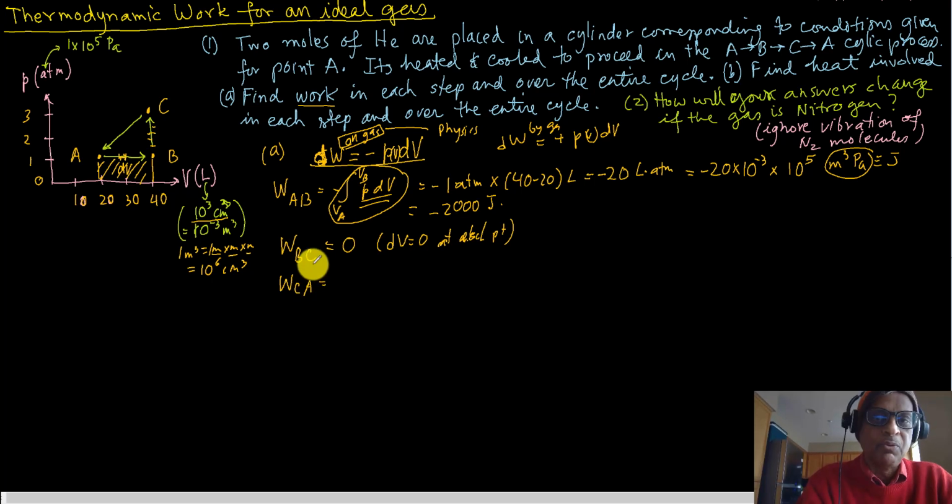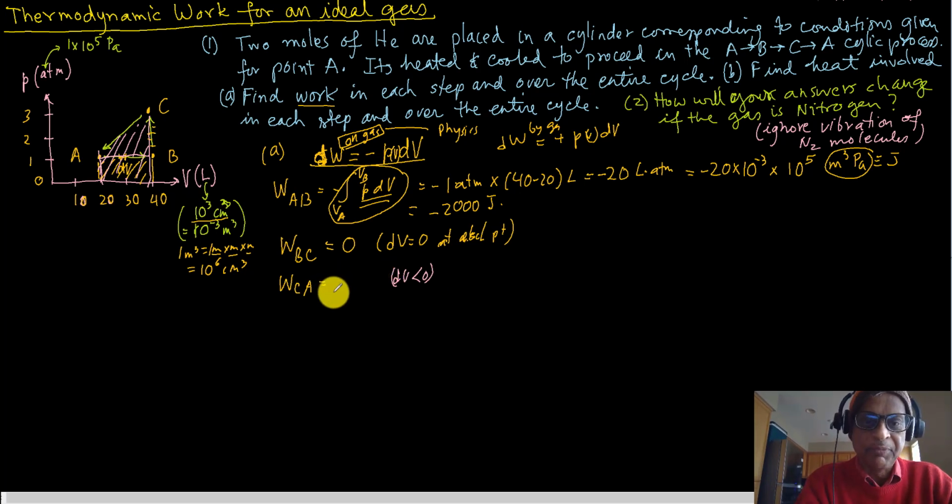And W for C to A will be this entire area. Here dV is negative, so it turns out to be minus the integral from VC to VA of P dV.